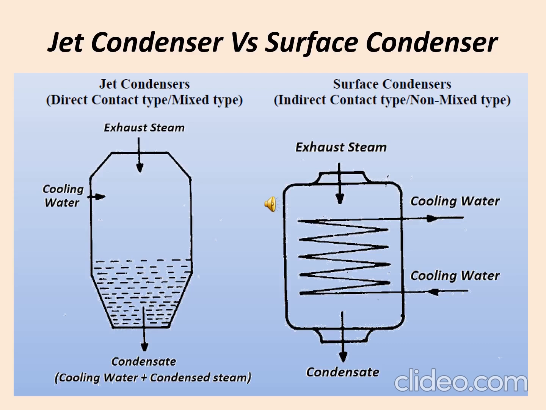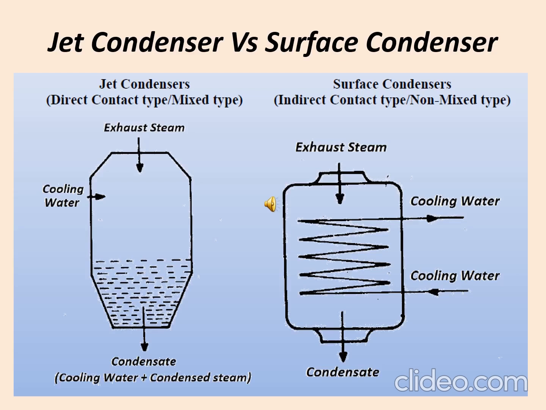A jet condenser is direct contact type and a surface condenser is indirect contact type. It is mixed type. Mixed type means both the cooling water and condensed steam are mixed with each other, and the surface condenser is non-mixed type. Okay. Next, if we compare a jet and surface condenser, then in case of jet condenser, our cooling water and steam are mixed up.